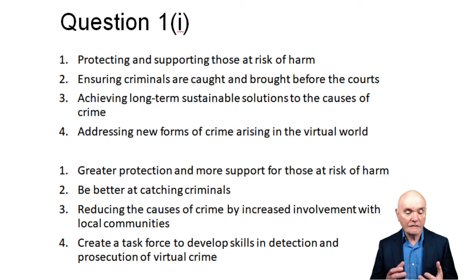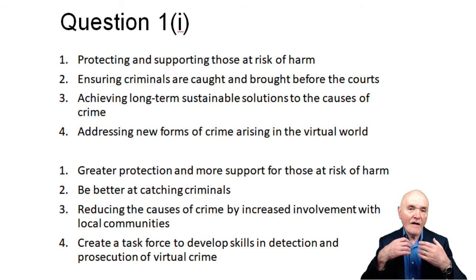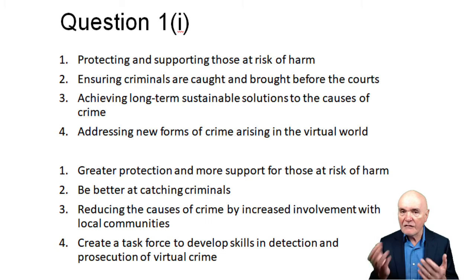I mean, the first version, protecting and supporting those at risk of harm, it's all very fine in a kind of airy-fairy sort of way, but there's nothing in there to suggest how well you should protect them, how well you should support them, and nothing in there to tell you whether or not you're actually achieving those.